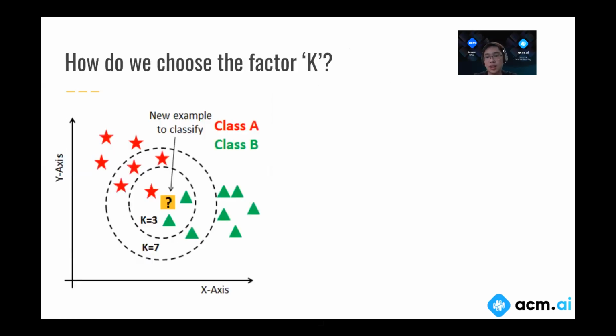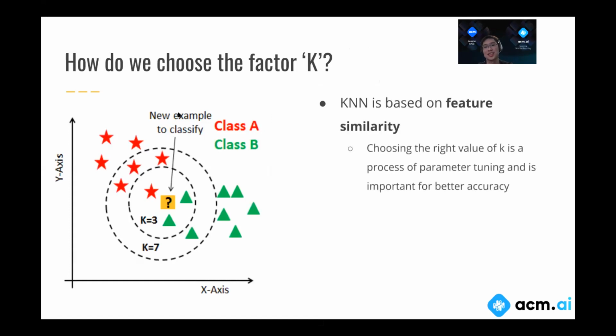Okay, so some of you asked, choosing the factor k is pretty important for KNN, because KNN is based on feature similarity, and we're implicitly assuming that similar data points are close to each other in terms of features, and therefore they should be classified as the same class.